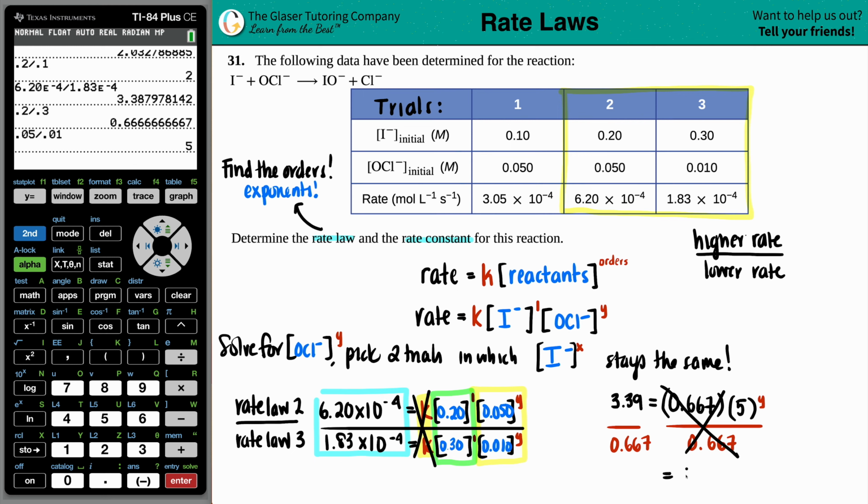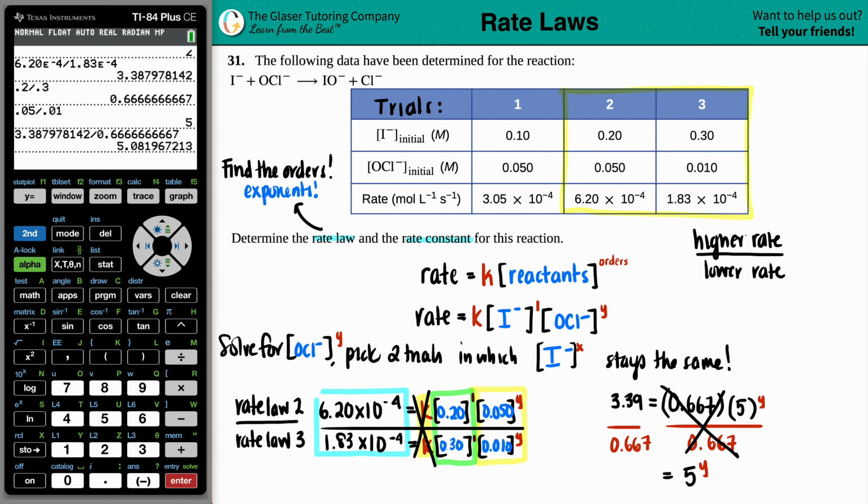And now this is going to be a clean 5 to the y. And then I'm going to take that number up there, I'm going to try not to round, the whole number that we found before, divided by that 0.667. And now you see, that's a 5.0. I can cut it off and say, hey, that's a 5.